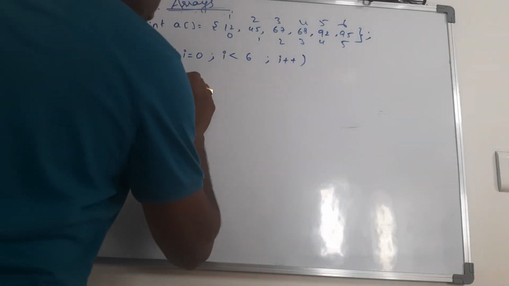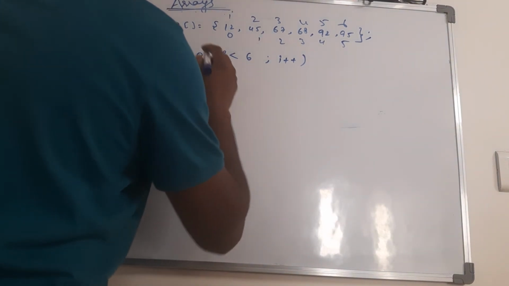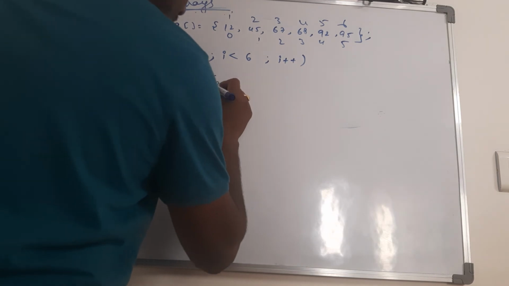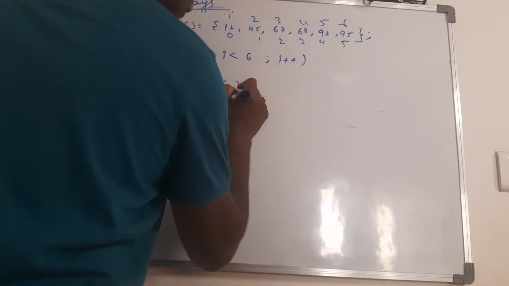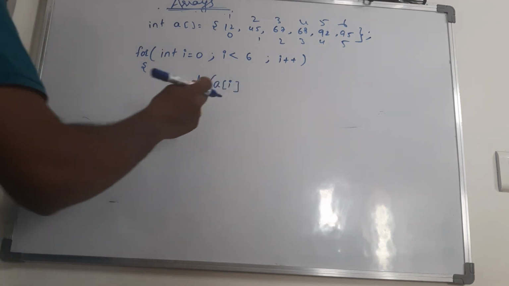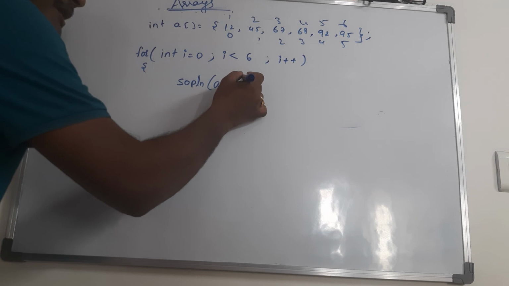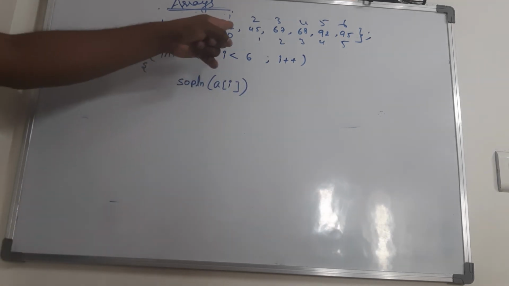If I pass System.out.println, a of i, I need to pass the index, so I will pass i. First time the value of i is 0, so a of 0 will print the value 12.